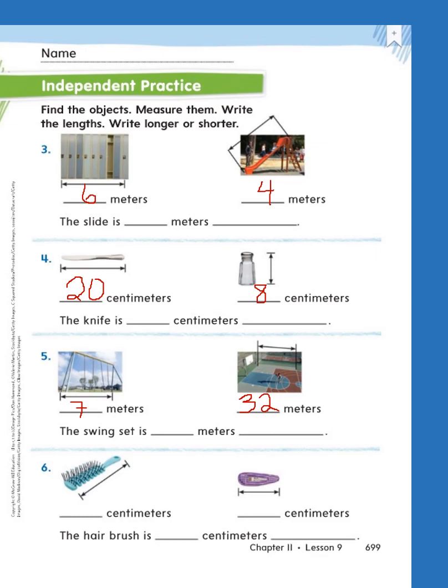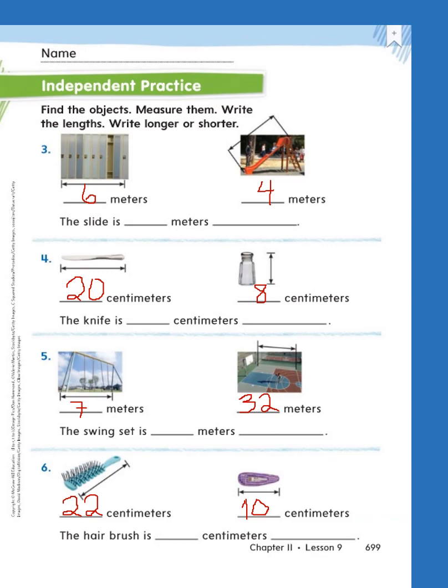Okay, and for number 6, back to centimeters because we're working with small objects, 22 centimeters, and for the hair clip, we'll say 10 centimeters. Now again, you might have a brush at home that's a different length, but what I want you to do is use my numbers.